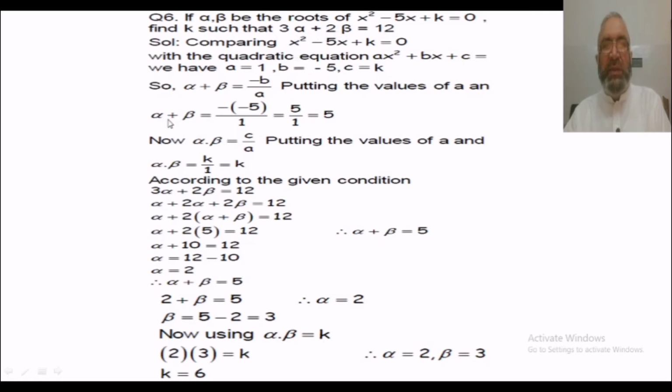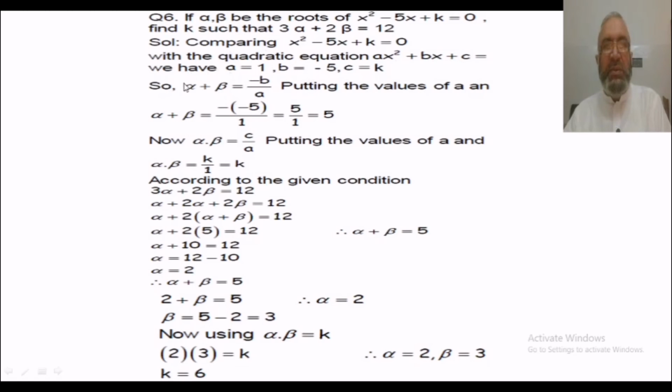One condition is 3 alpha plus 2 beta is equal to 12, and we find alpha plus beta. Now solving these two equations, we will get the values of alpha and beta. But the second method is the simplest one.